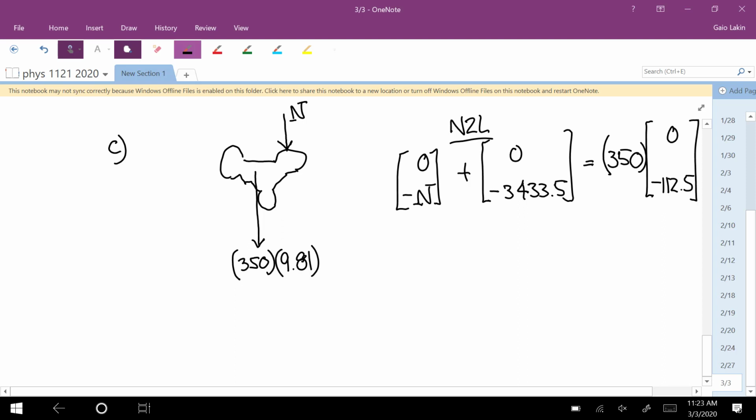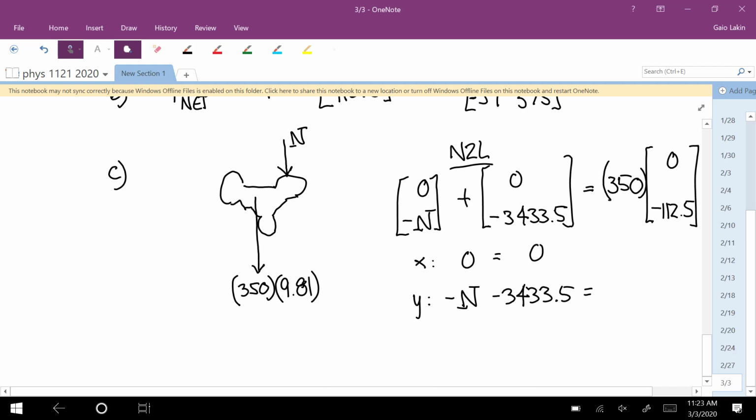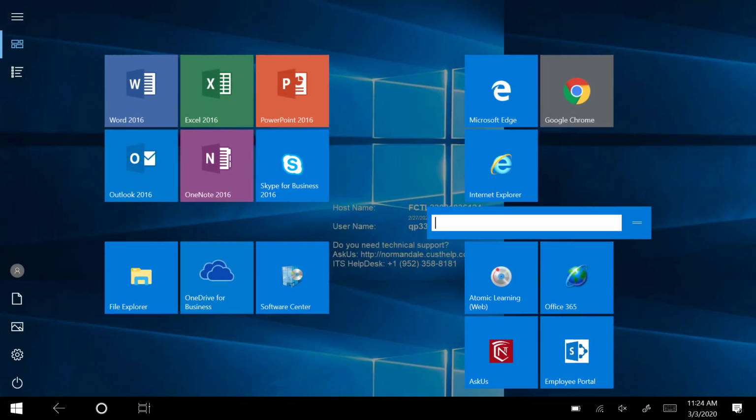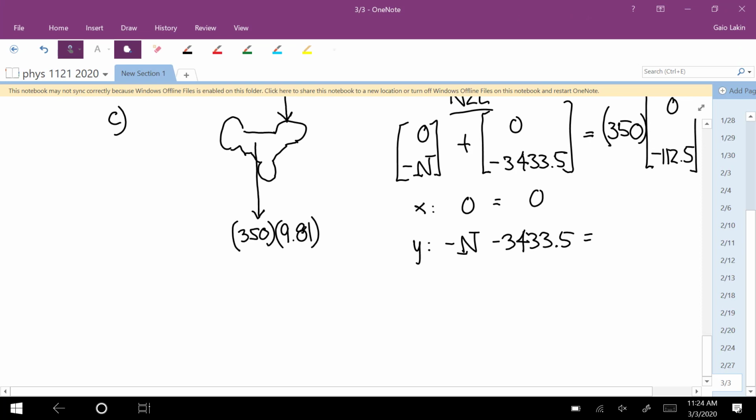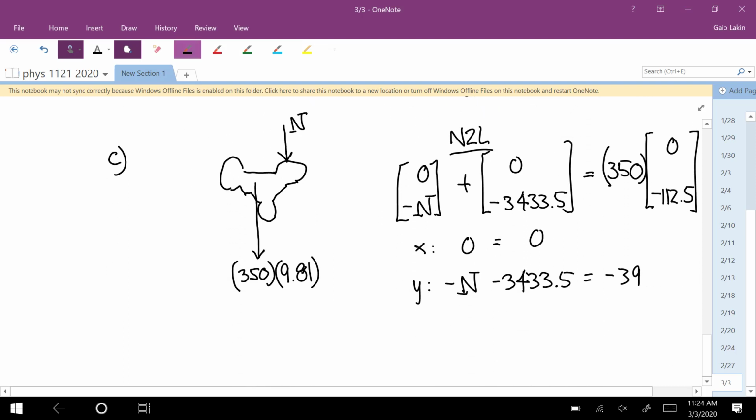The x equation doesn't give us anything useful. That just says 0 equals 0. But the y equation says negative N minus 3433.5 is equal to negative 39,375.